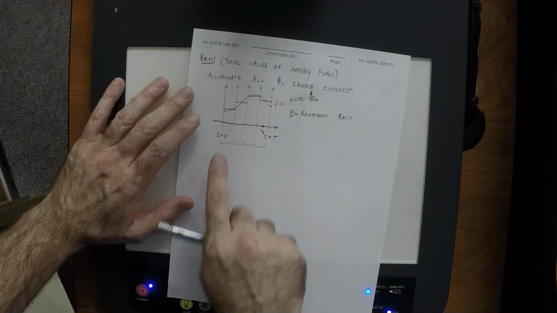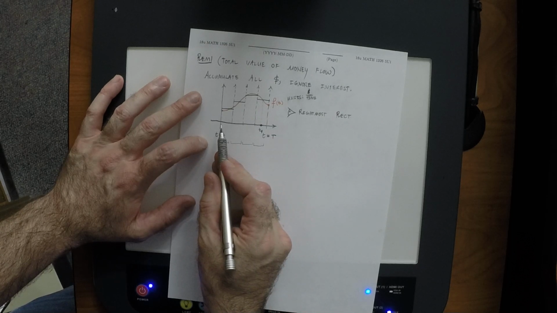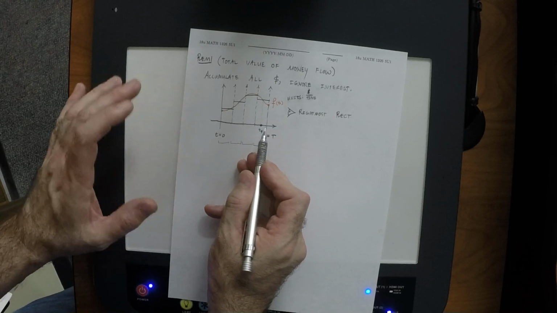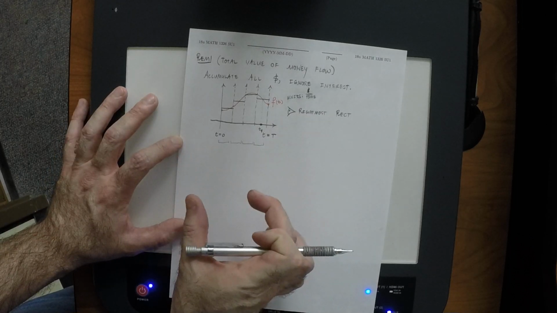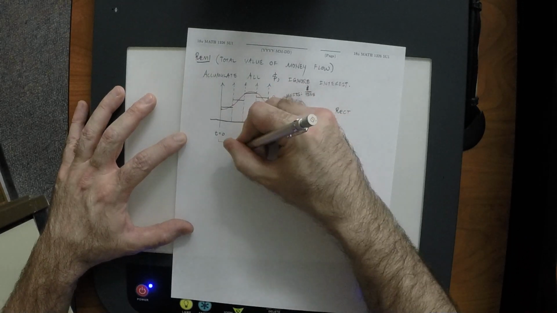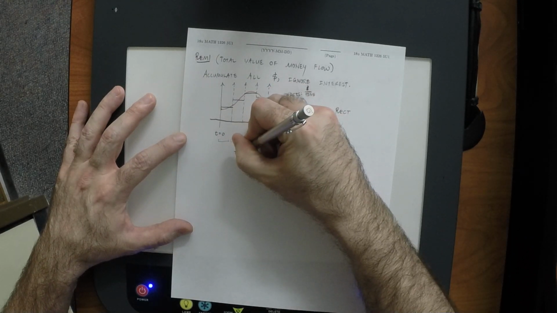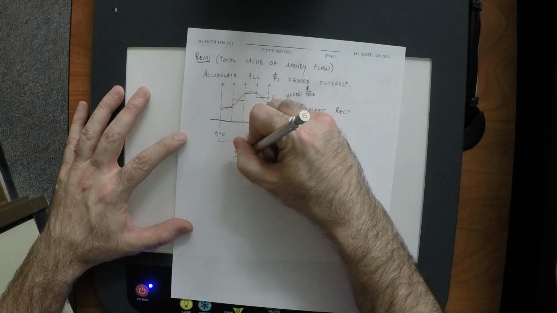Well, it goes from 0 all the way to big T, right? So that whole length is T. So the whole length there is big T minus 0. And then we want each piece to be the same size, so we'll divide by 4.